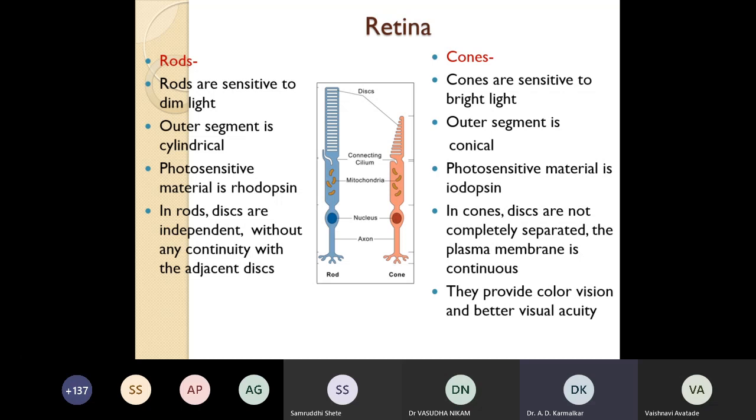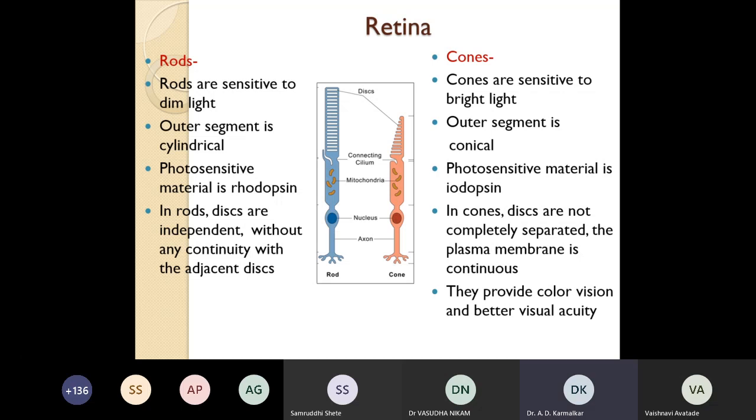The membrane bound discs are independent in the rods, while in the cones they are not completely separated from each other. They are continuous with the plasma membrane, so the plasma membrane is continuous with each disc.